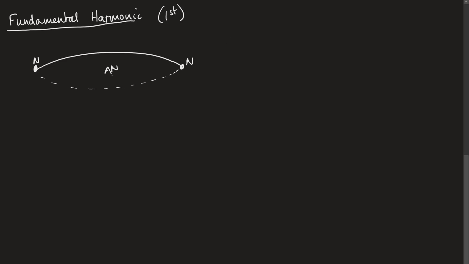So the way that we do this is going to be quite alien to most people, but we start from the idea that frequency is just the speed of the wave divided by the wavelength. Let's assume this length of string has a length L.